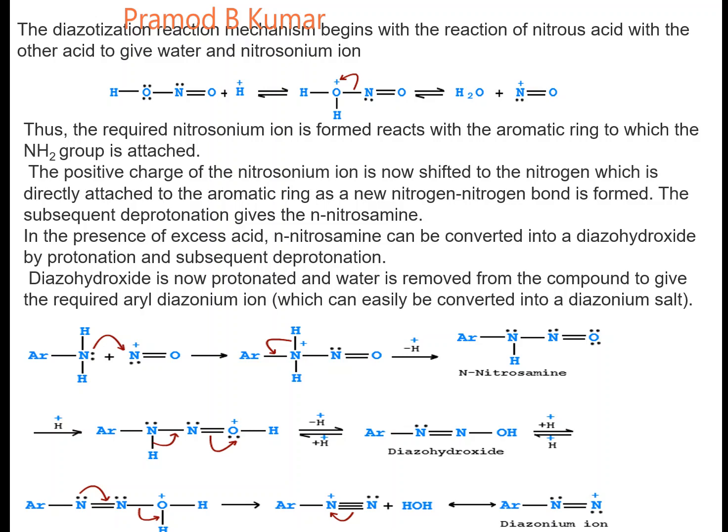In doing so, there is a rearrangement, and further they will lose a proton. They will undergo rearrangement to give you a diazohydroxide intermediate. Why is it called diazo? There are two nitrogens and a hydroxide group attached to it. It gives you a diazohydroxide intermediate.